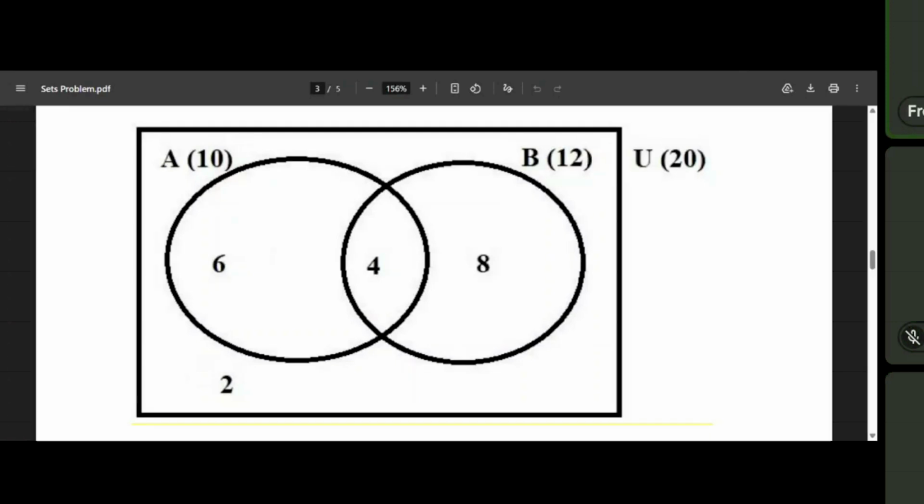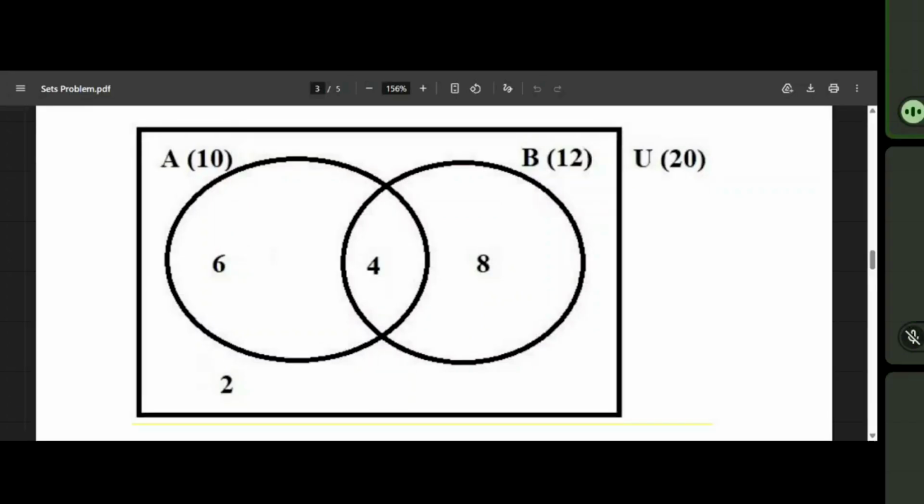Hypertension. So those who have both diseases, they are 4. They belong to the intersection. That's A intersection B. But those who have only diabetes, they are 6. They have diabetes, they don't have hypertension.